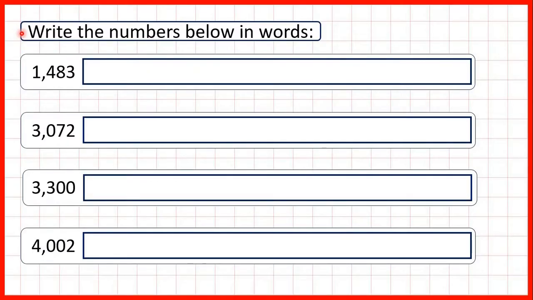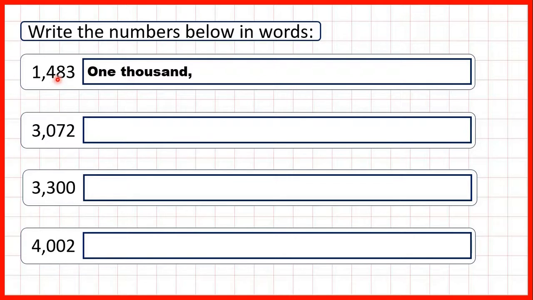We need to write the numbers below in words. So we can see that all of the numbers that we have here have 4 digits. And the first digit in a 4-digit number tells us how many thousands we have. So here we can see that for this first number, we have 1 as our thousands digit, so we can write 1 thousand.